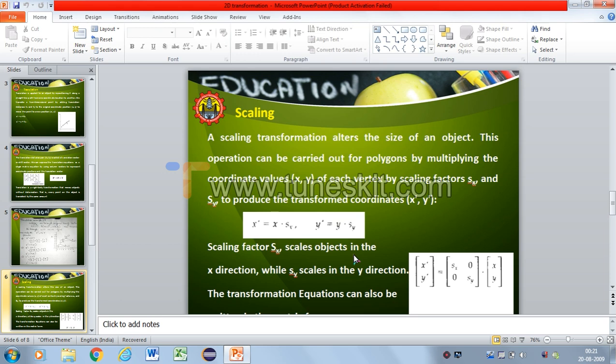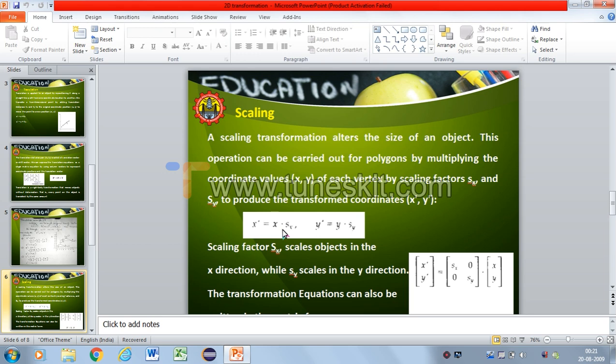Now we got the equations. Your scaled transformed coordinate x dash is equal to original x into Sx. This multiplication means you can enlarge or you can reduce, right?